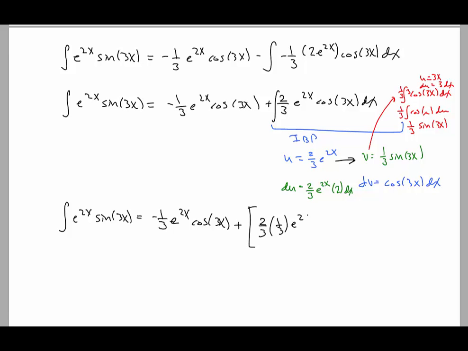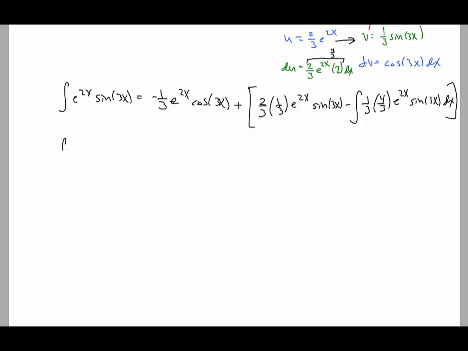So this is 2/3 times 1/3 e to the 2x sine of 3x minus the integral of v, which is 1/3 times 2/3 e to the 2x times 2. Let's just make this a 4/3. So for this piece, we can just multiply those and make that a 4/3. So uv minus integral of v du, sine of 3x dx. Now hopefully something is starting to look a little familiar here.